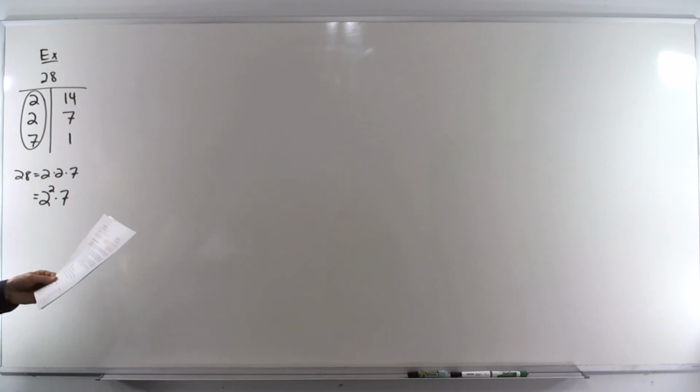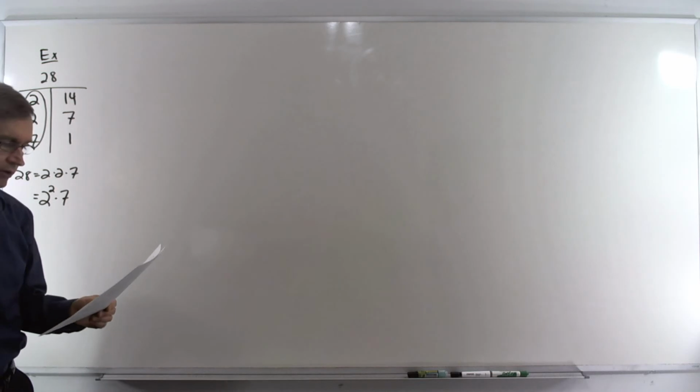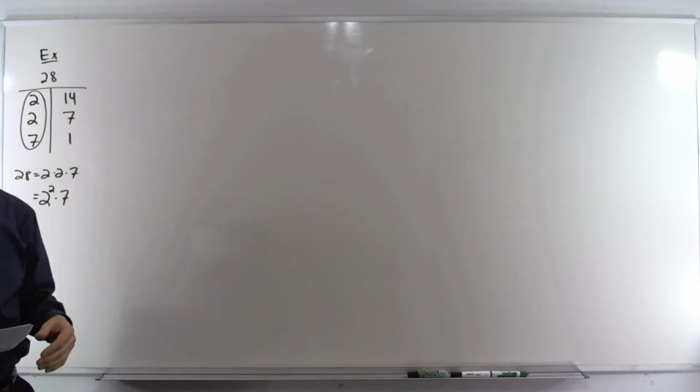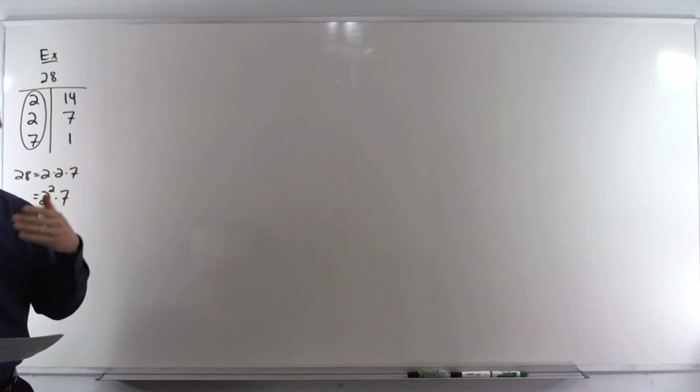Your turn, number 4. Find the prime factorization of 24. Now one note before you do that one, if you can't divide by 2, then try the next prime. Divide by 3. If you can't divide by 3, then try 5, and then just keep going.